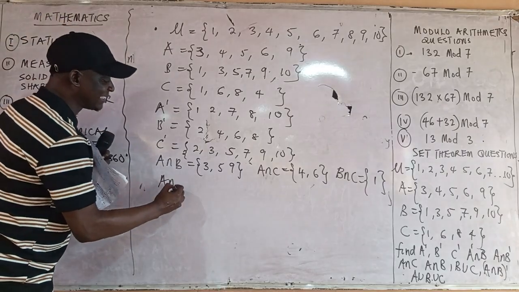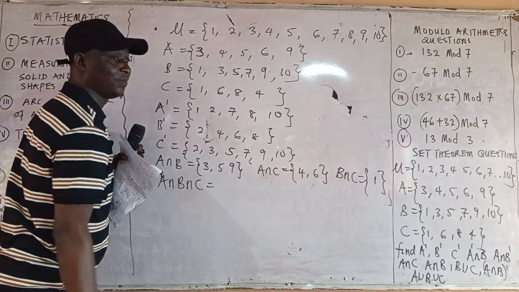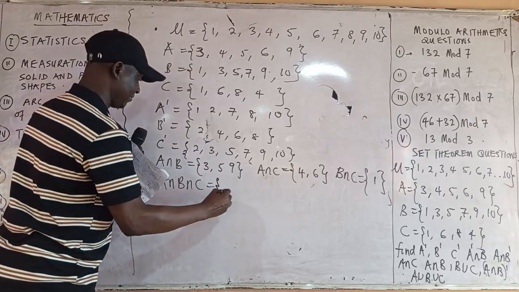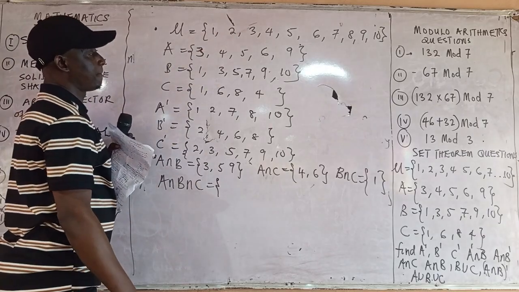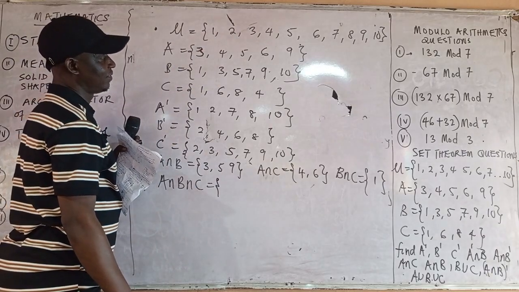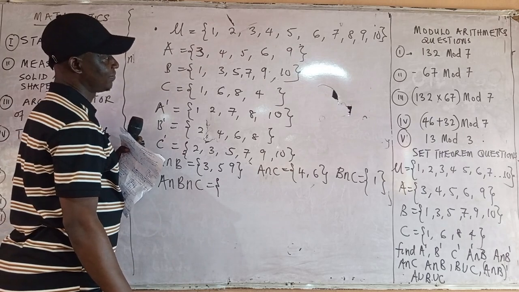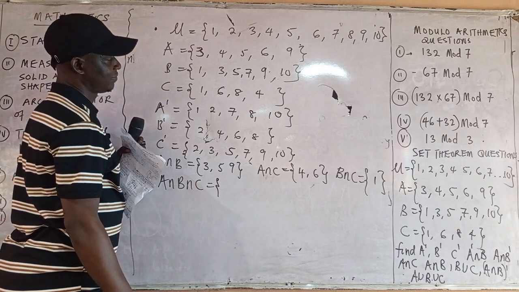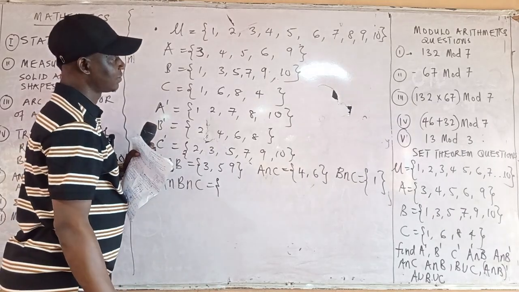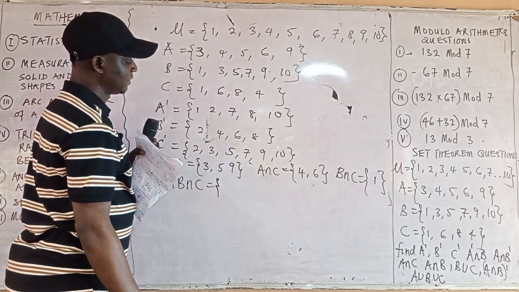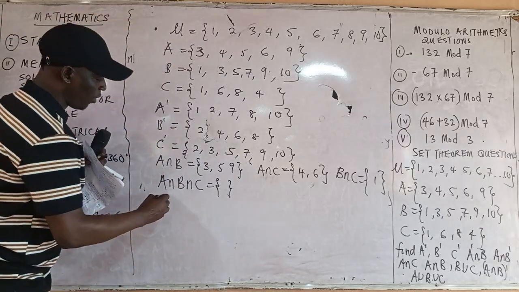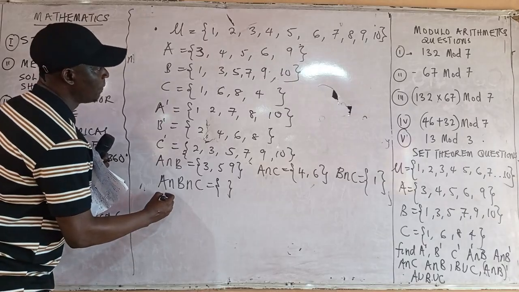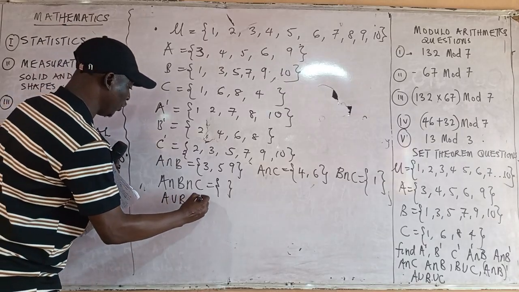What about A intersection B intersection C? That is common in all three of them. Empty set, right? Empty set.